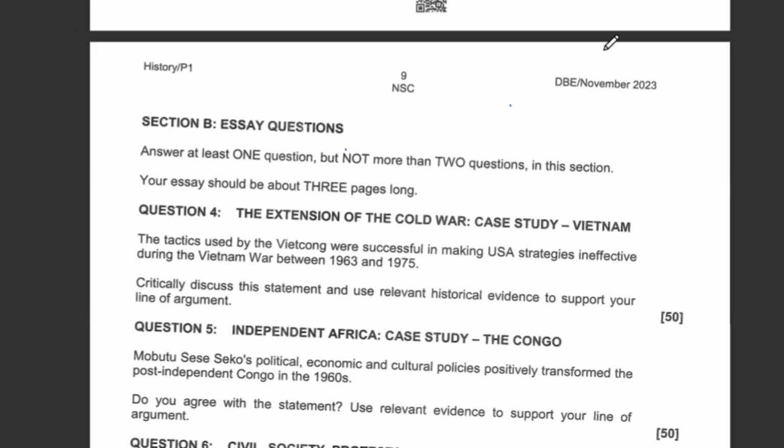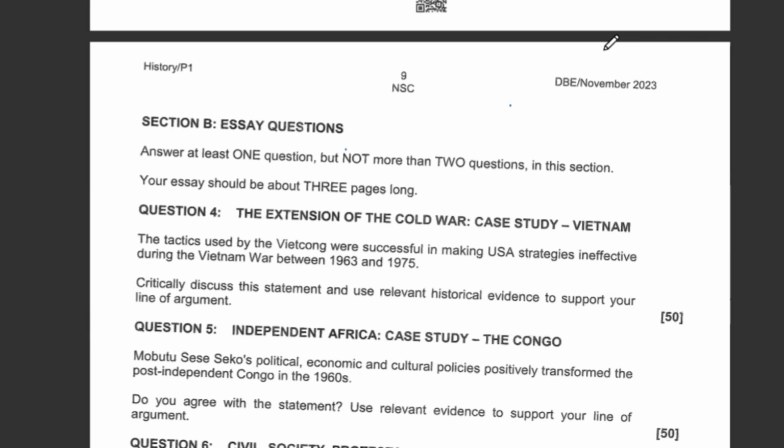So in this instance, what I advise you to do when you are attacking your essay question is to start with the historical evidence that you have highlighted in your introduction. Since you have highlighted some facts in the introduction, you can refer back to those highlighted facts or historical evidences that you have used as reasons why you have adopted a line of argument in that direction.